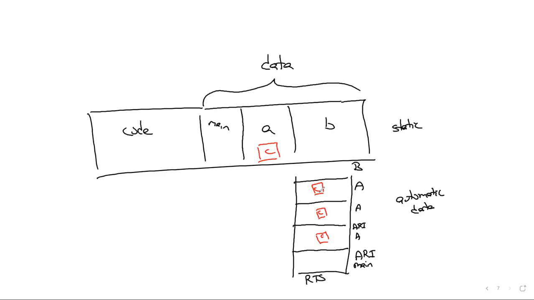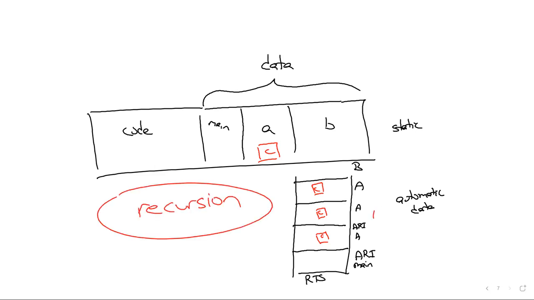As a side effect of not using the static mode, but the automatic mode, notice that we're getting a very interesting use: recursion. Until the point where we allowed functions to have themselves instantiated a couple of times, there was no recursion.